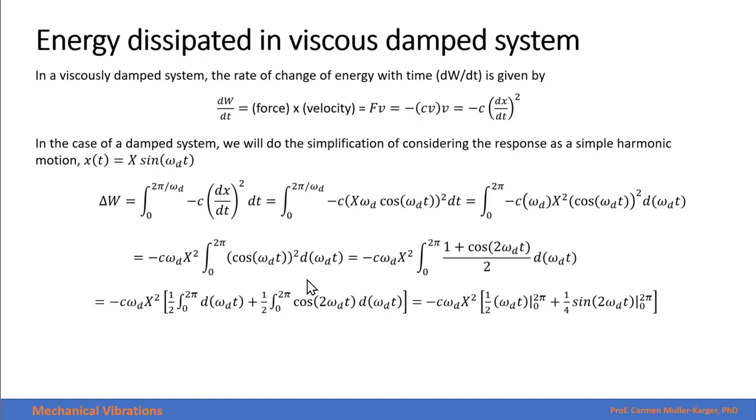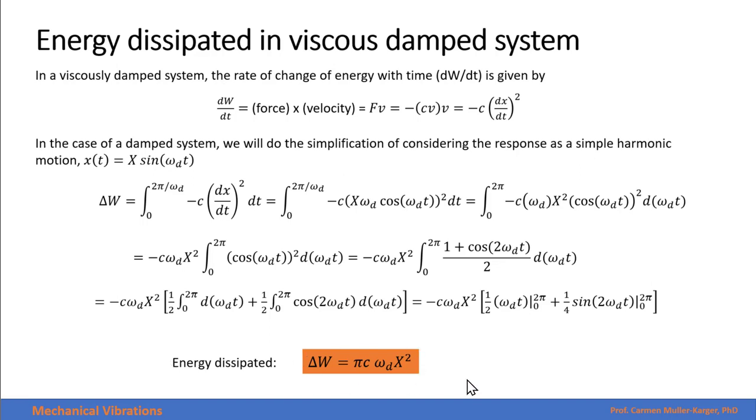The integral of this term will be omega d t evaluated from 0 to 2 pi, and the integral of cosine of 2 omega d t will be 1/2 sine of 2 omega d t evaluated from 0 to pi.